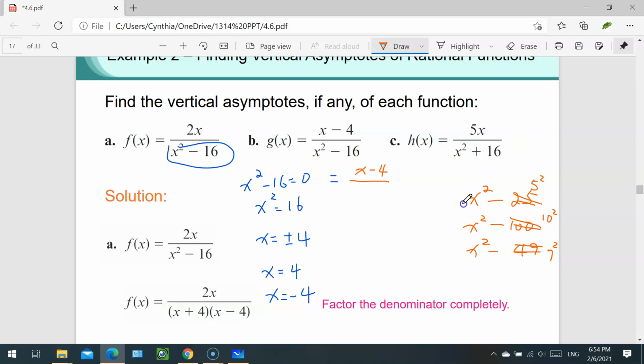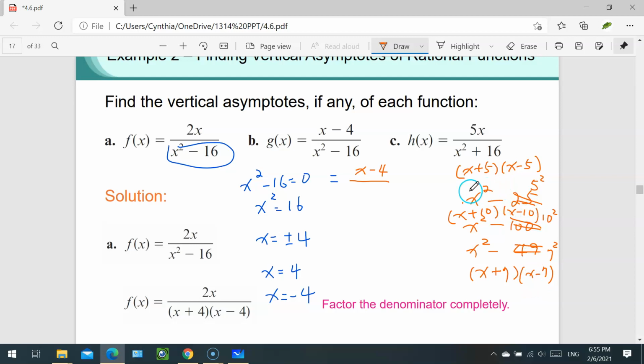In that case, we can rewrite these 2 terms into x plus 5 multiply x minus 5. Same way with this one, x squared minus 10 squared, you can rewrite it into x plus 10 multiplied by x minus 10. With this one, you rewrite the form into x plus 7 multiply x minus 7.